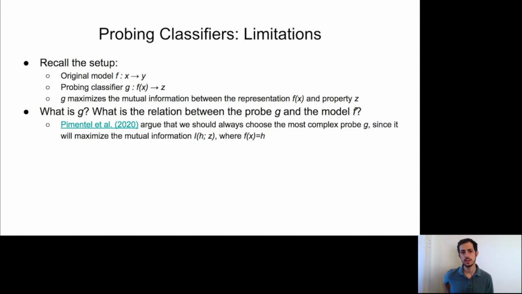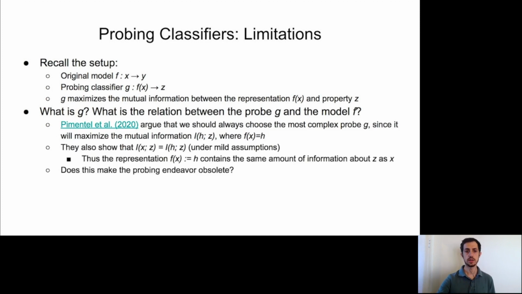But a recent study that looks at the information theoretical formulation argues that we should actually always choose the most complex probe G. The reason, in Pimentel et al., is they argue that this probe will maximize the mutual information between the representation and the linguistic property Z, and we've seen this derived early on.